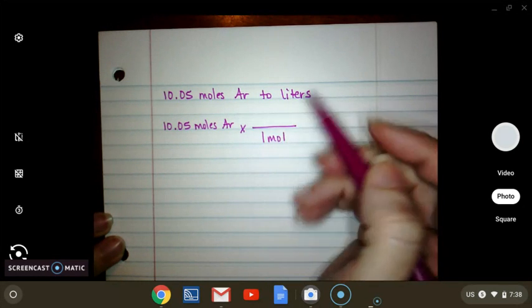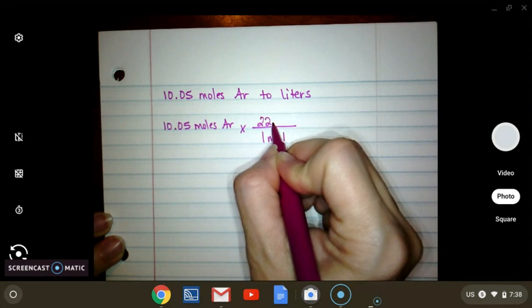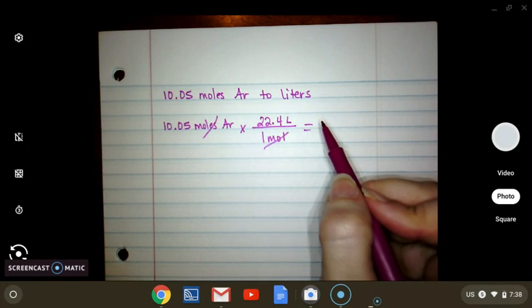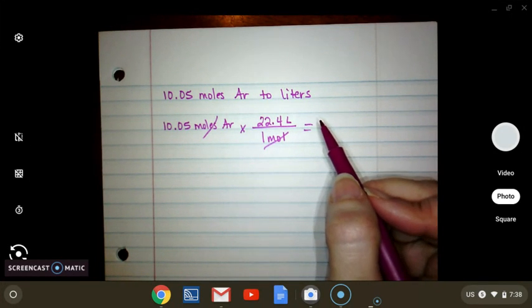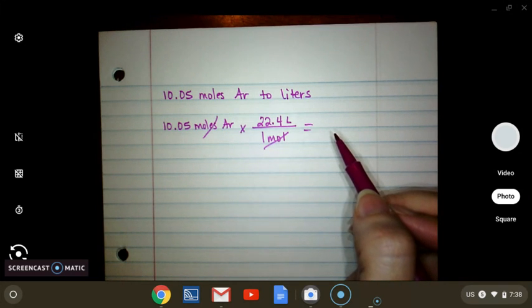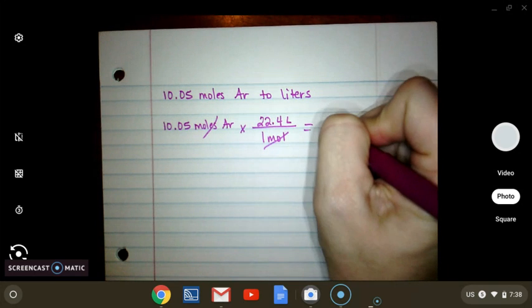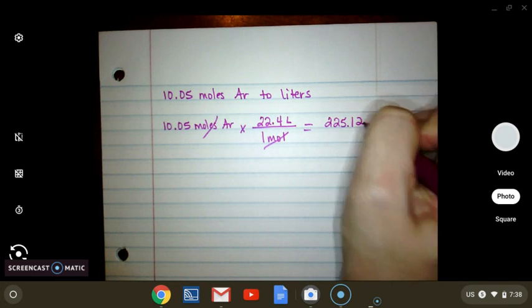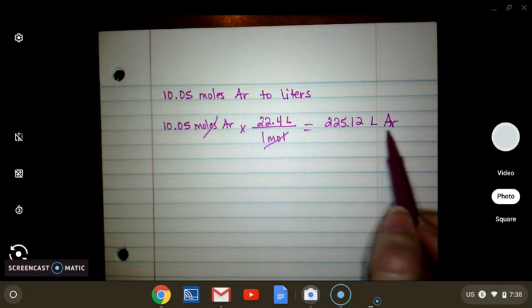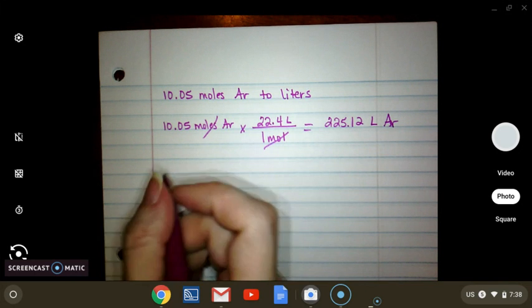The number for liters is 22.4. That's the number you have to remember. So mark them out. Then you're going to multiply, and that gives you 225.12 liters of argon. You can put an "of" between it. You don't have to, as long as you can separate these two things.